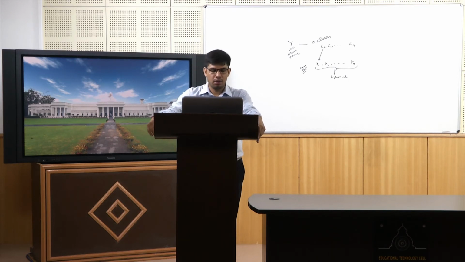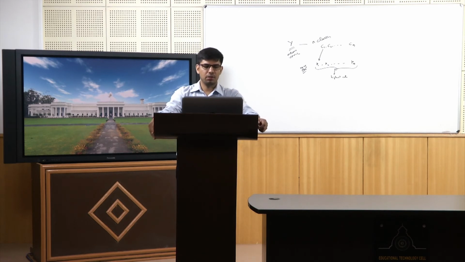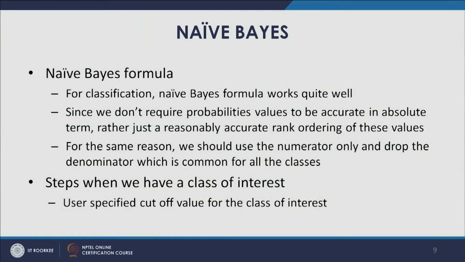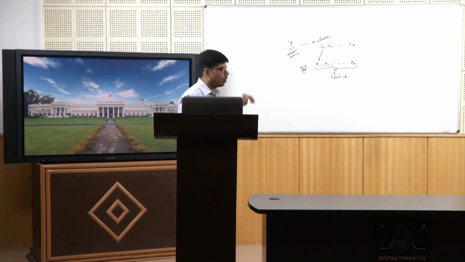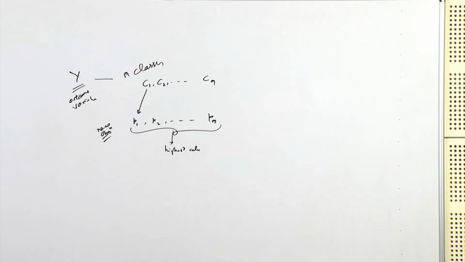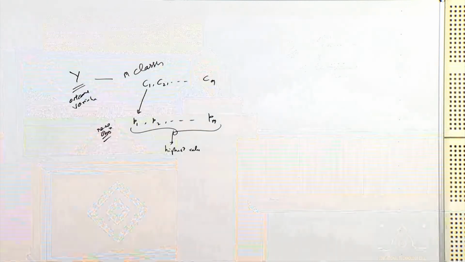As we discussed, for classification the Naive Bayes formula works quite well. Another important aspect is that we don't require the probability values to be accurate in absolute terms, but rather just a reasonably accurate rank ordering of these values. Once we compute the probability values, we need to find the highest value, and the new observation is assigned to the class with that highest probability value.